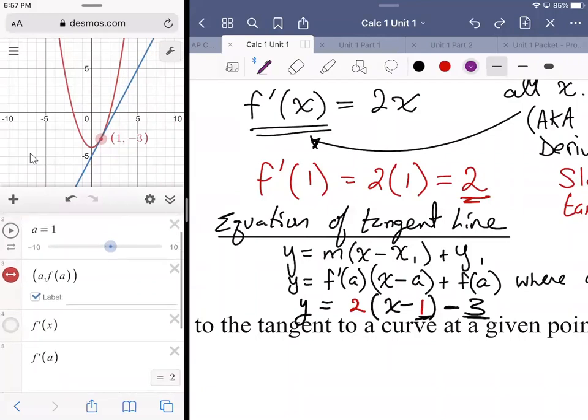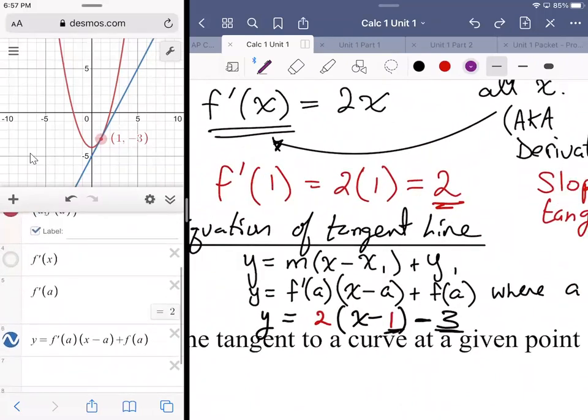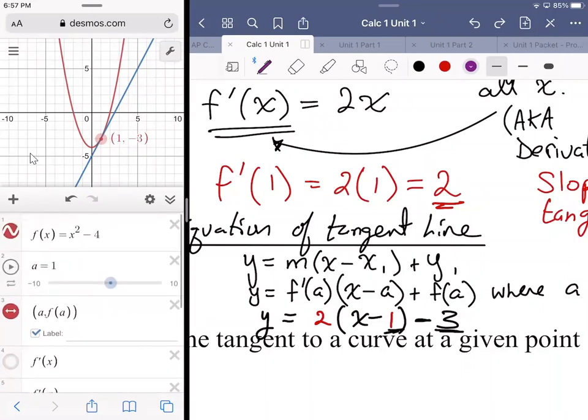Now I go down, I see my derivative should be 2. That's true, I got that right here. Then below that, I see my equation is plotted correctly with coordinates 1, -3. So I put my 1, my -3, and I have everything I need, just by creating a quick Desmos.